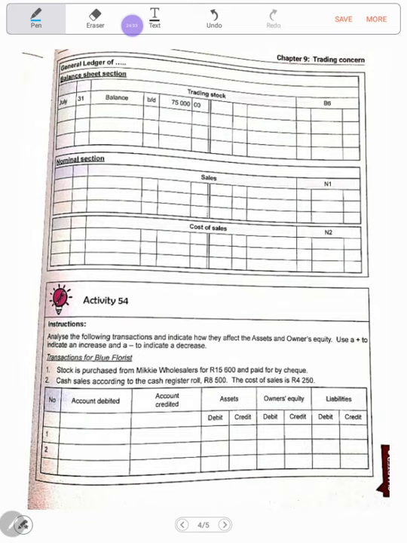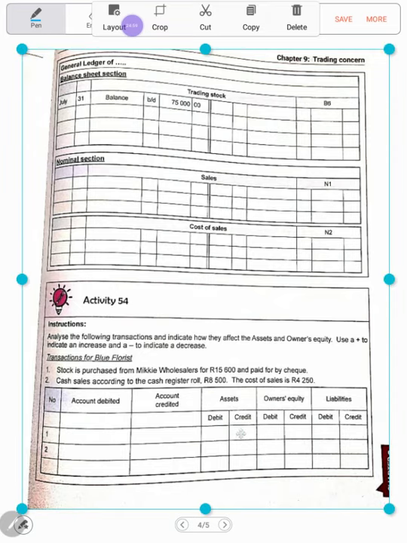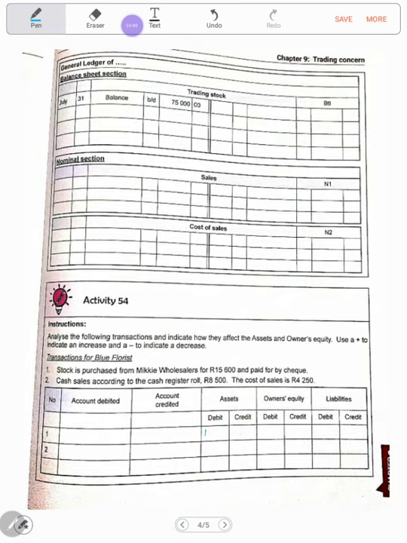And trading stock, you are purchasing trading stock, and again, trading stock is an asset, and you are bringing it into your business, and obviously assets increase on the debit side, so your debit will be trading stock. And in your assets you will write minus the amount, all right, and plus the amount. So assets is increasing and decreasing.